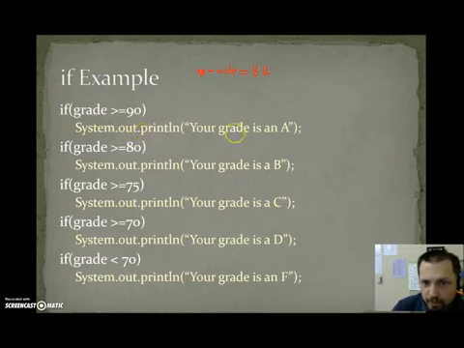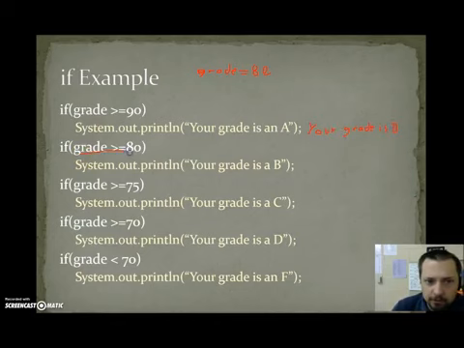No, so it would not print your grade as an A. Is 80 bigger than or equal to 80? Yes, it is. So it would say your grade is B.